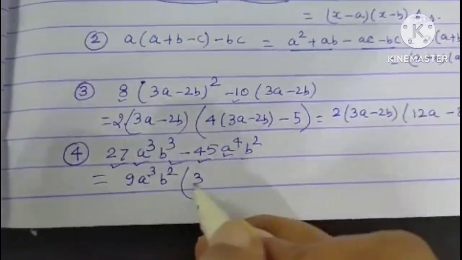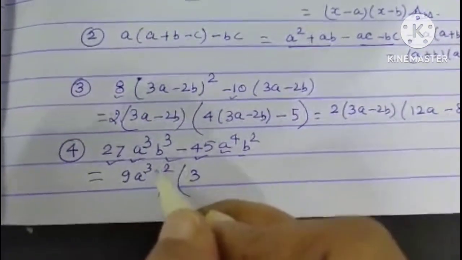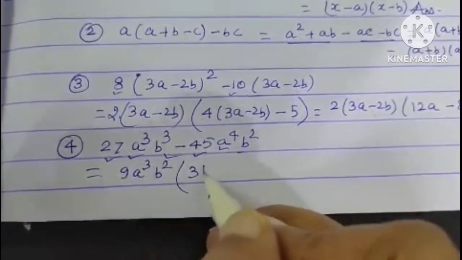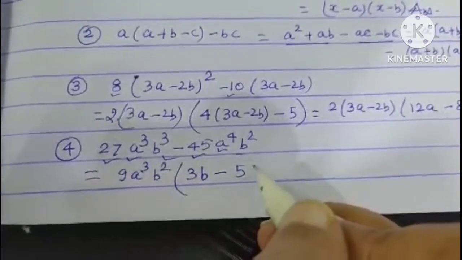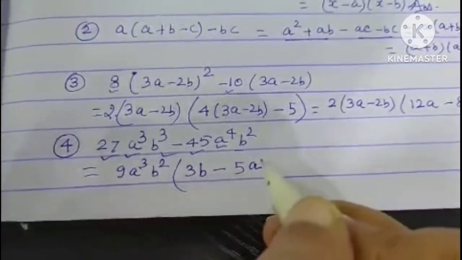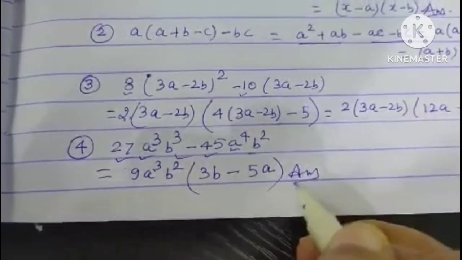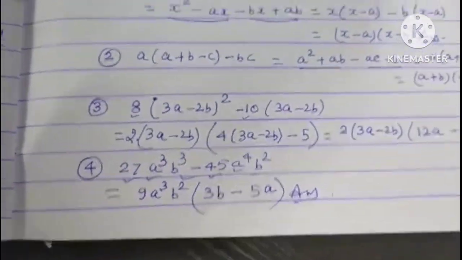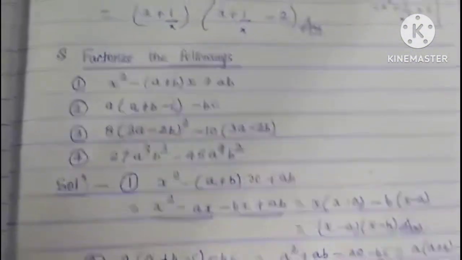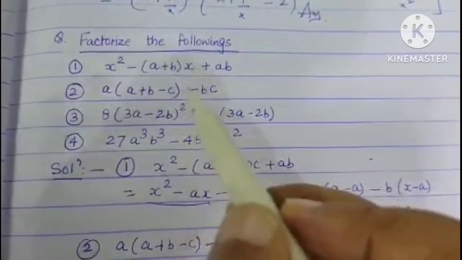Here it will have 3, here ab will be remaining, minus 5 here, and a will be here and not b. So this one will be our answer: 9a³b²(3b − 5a). So this is the method of solving the problems, factorizing the following.